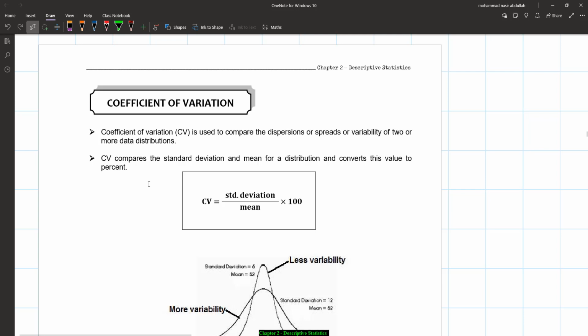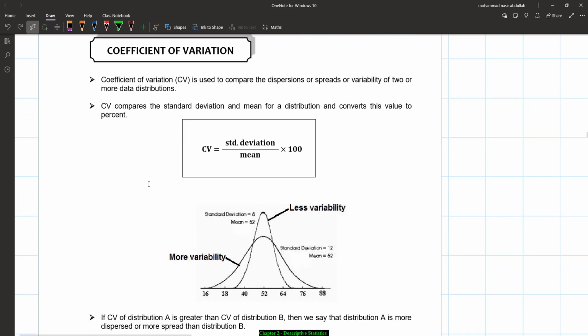Right. So another method is by looking into the coefficient of variation. If you want to compare two distributions or more than two, we use the coefficient of variation to measure the spread or dispersion of the distribution.